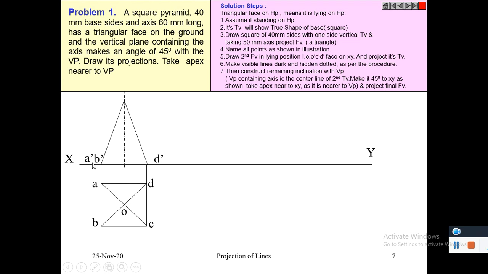In front view, we can see the points B dash and C dash. A dash and D dash will be behind this and can be put in brackets. So this is point O, this is O dash in front view.